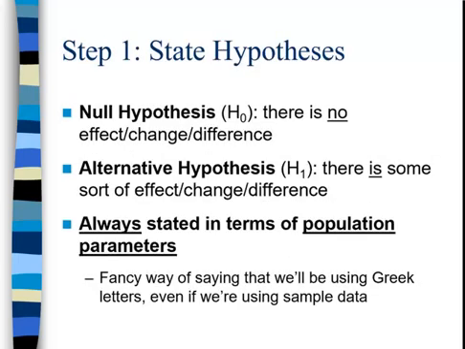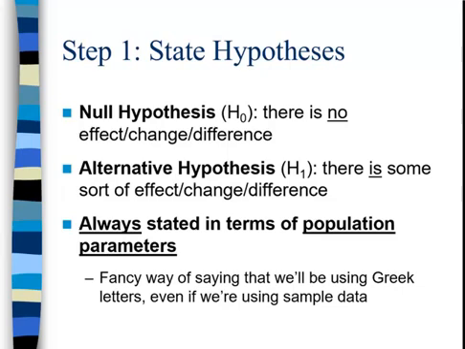So the very first thing we need to do when engaging in hypothesis testing, I don't care if it's this class, when you take research methods, or if you have a career as a scientist or a researcher, is explicitly state the null and the alternative hypotheses. That means we're generating two separate opposing hypotheses.